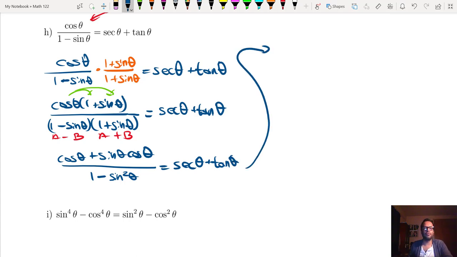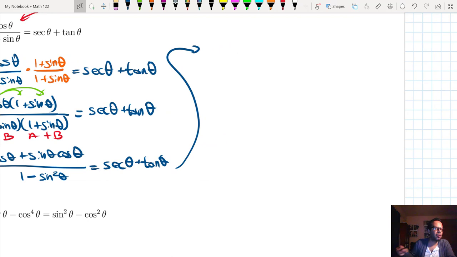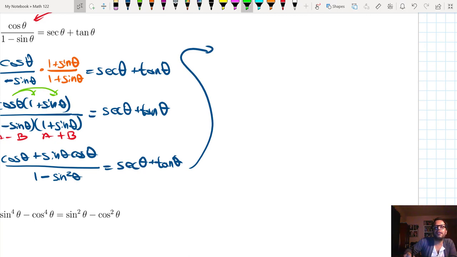Let me continue over here. I'm running out of space. So what are we going to have? We are going to replace the quantity in the denominator, this 1 minus sine squared, with cosine squared.